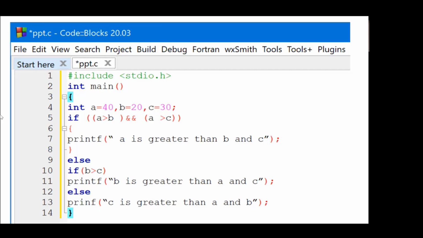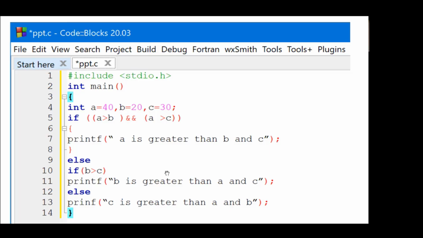So you would see that in line 5, the logical operator has been used to set the initial decision. That is, if a is greater than b and a is greater than c, then line 7 will be executed. If this condition is not true, then it would now check this condition to see whether b is greater than c.